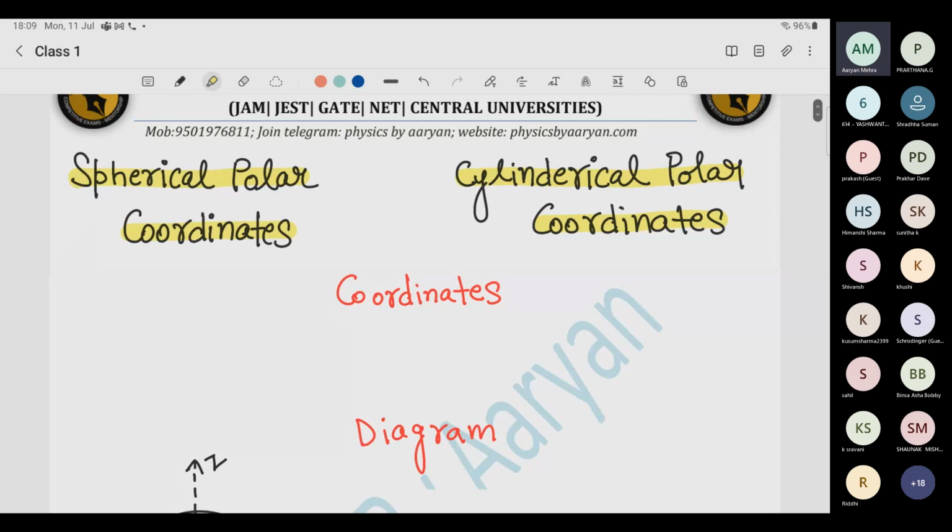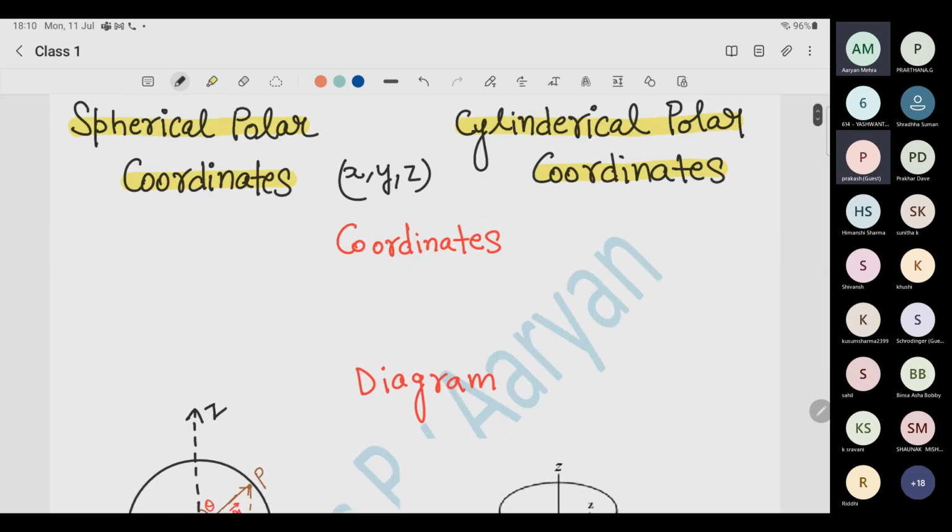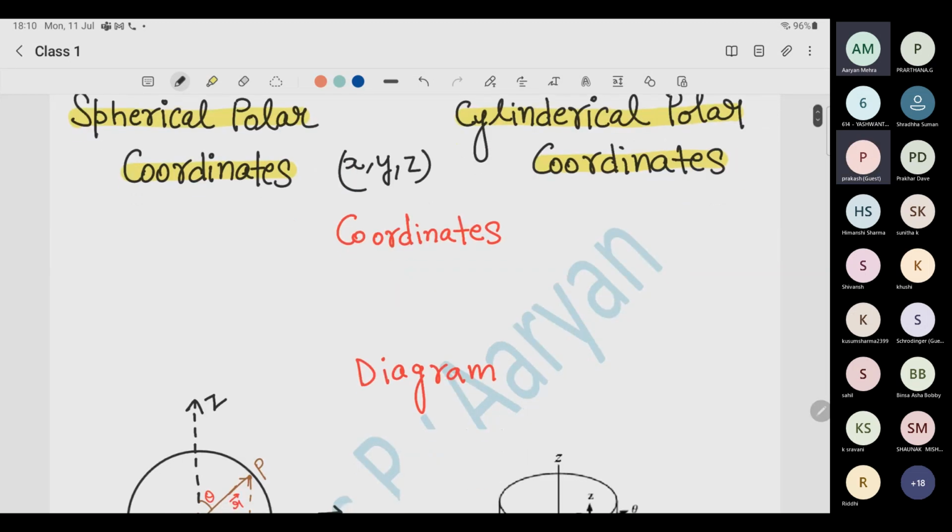In the Cartesian coordinate system, we know that for any point in three-dimensional space, we need 3 coordinates. One is X, one is Y, and one is Z. That is in Cartesian coordinates. So what do we need in spherical if we want to specify any point?